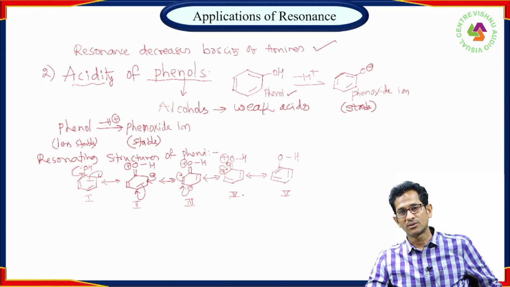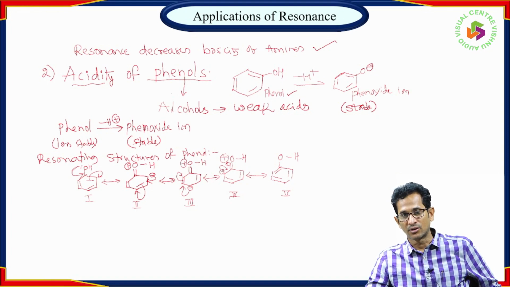So 5 resonance structures are possible for phenol.